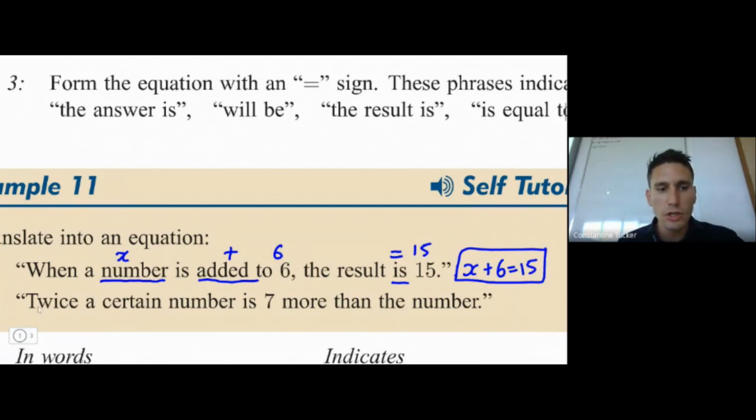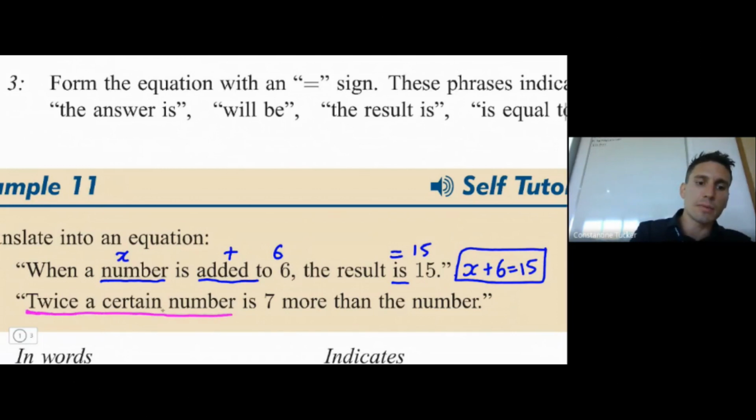Twice a certain number. We don't really know the number. Twice a certain number basically means 2 times a number which we don't know. So we'll use 2x here, or 2 times x, but we don't tend to write the times there, it's invisible. So twice a certain number is 2x. And then is 7 more than the number. So more than means plus.